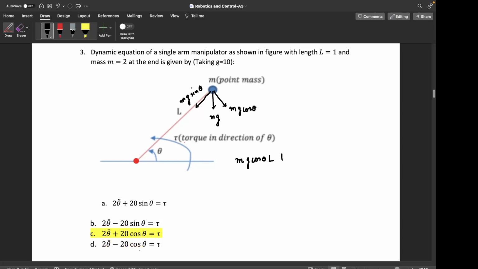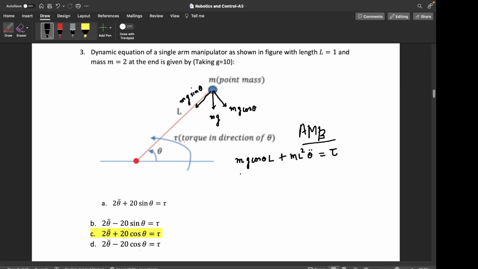So the second term would be ml square into angular acceleration, which is theta double dot, and this will be equal to the external torque, right? So this you can get from angular momentum balance, AMB, right?